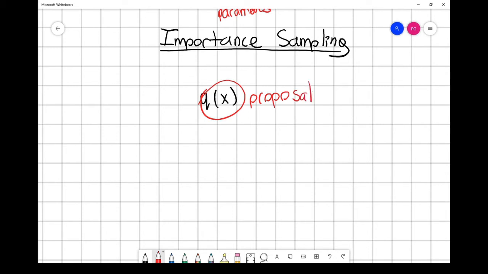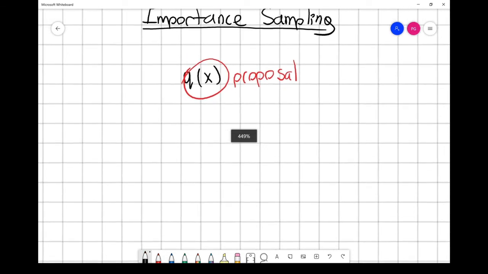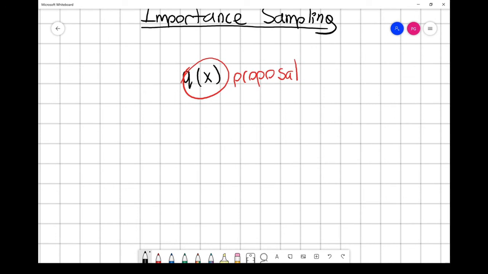And all we're going to do is say that Q is easy to sample from, okay? So unlike pi, our target distribution, we're going to say that Q is some kind of standard distribution like a Gaussian.